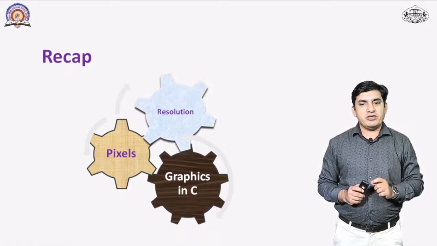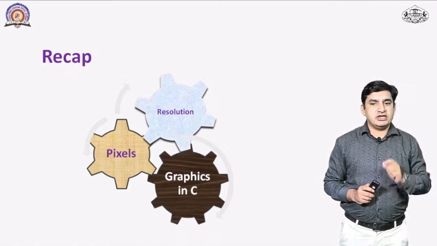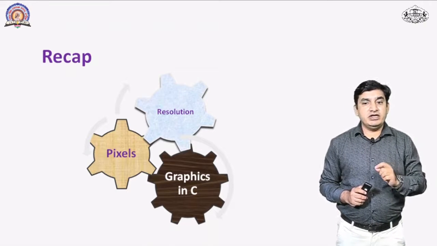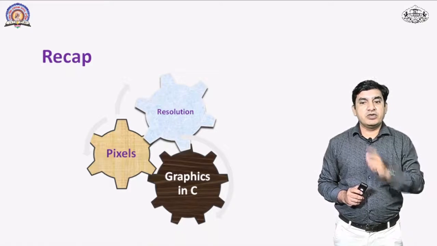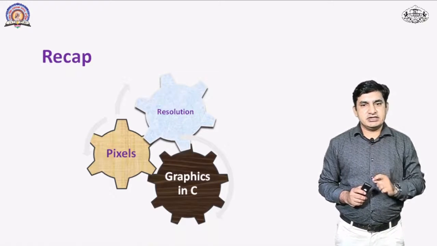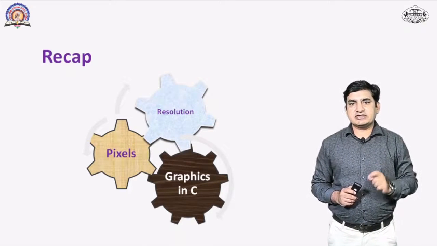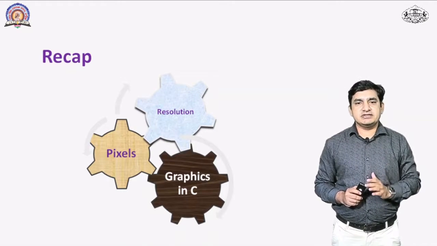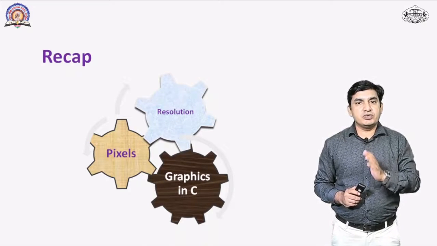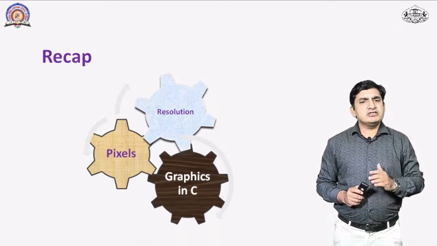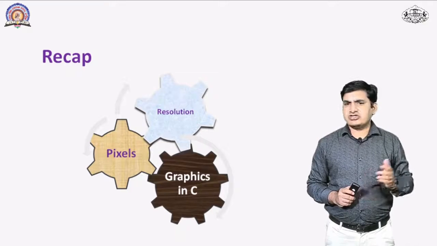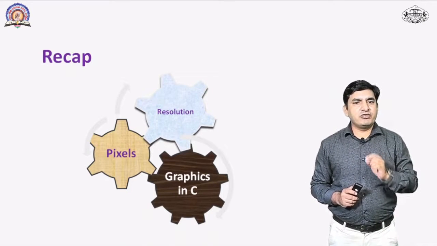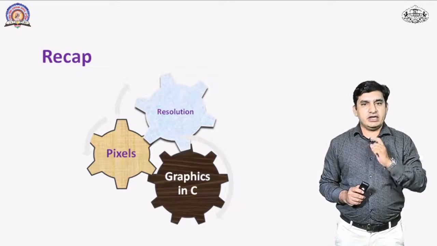The screen has medium resolution if the pixels are 320 by 200, that is, the x-axis consists of 320 pixels and the y-axis consists of 200 pixels. There is a high resolution screen which has about 640 by 200 pixels.